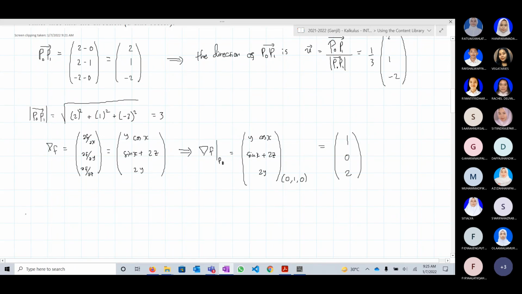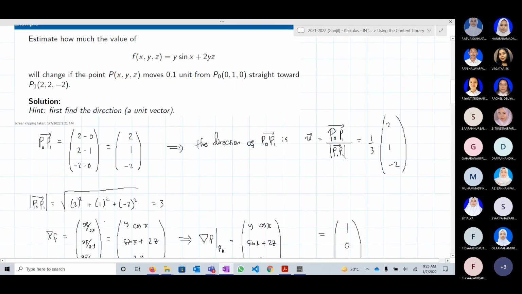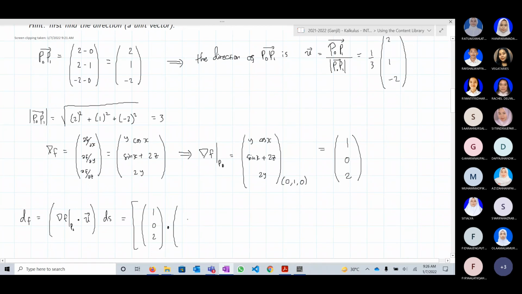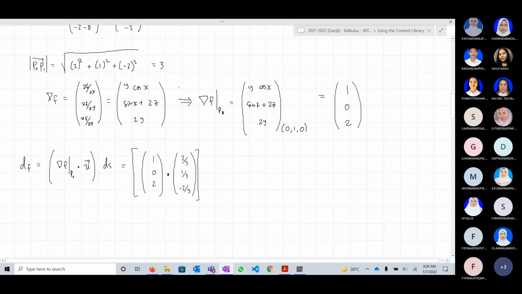So in this case, we have that df is grad f evaluated at p0 dot product with the direction u multiplied by ds, which is the vector (1, 0, 2) dot product with the vector (2 over 3, 1 over 3, minus 2 over 3), multiplied by the movement, which is 0.1.